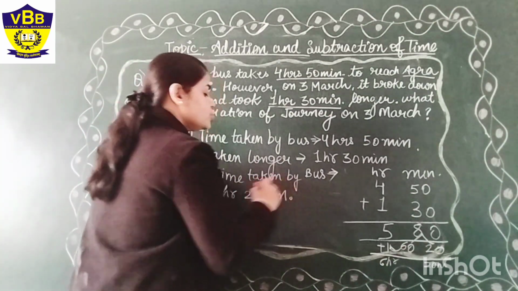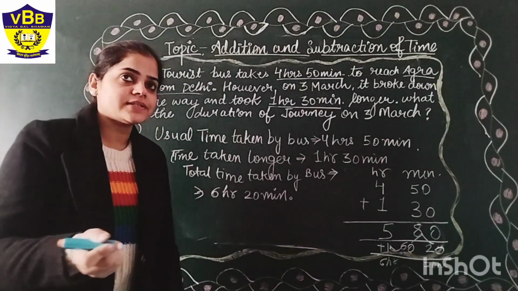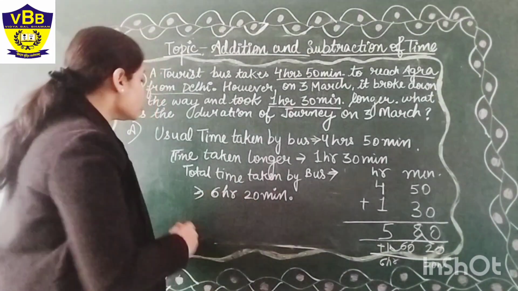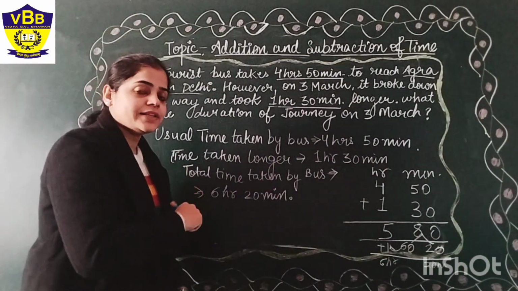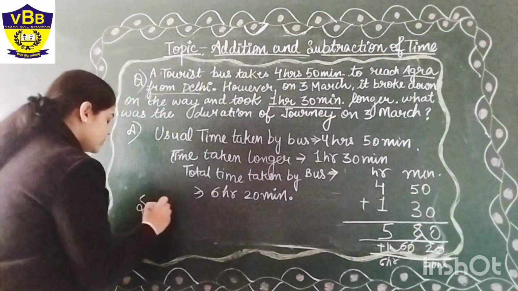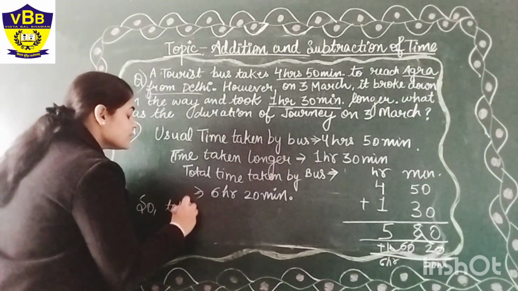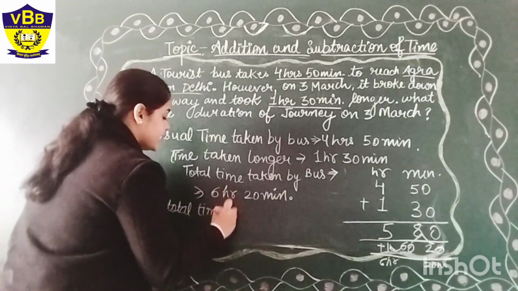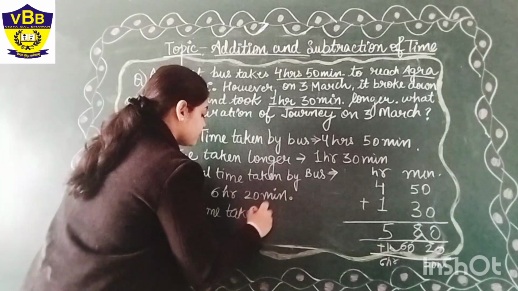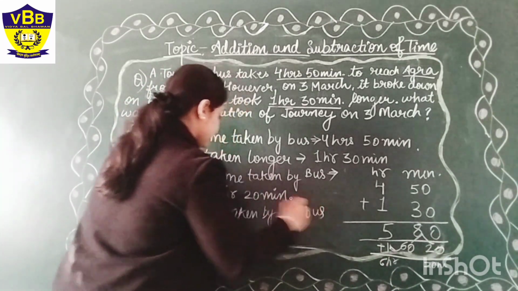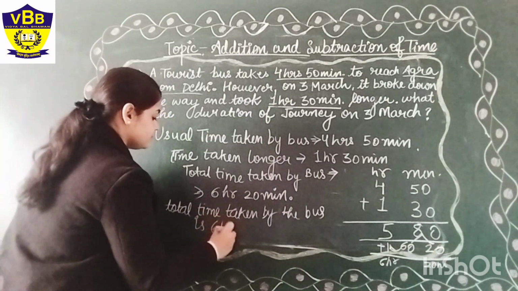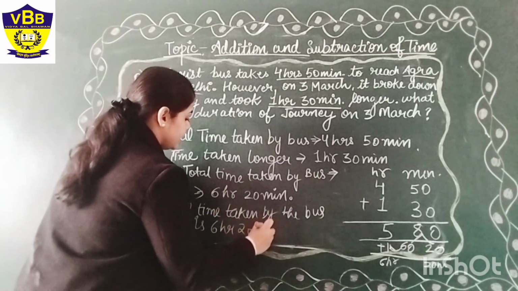We will do the usual addition that we have done in the previous question also. So for the total time, we will write the final statement. Do not forget to write the final statement. So the total time taken by the bus is 6 hours and 20 minutes.